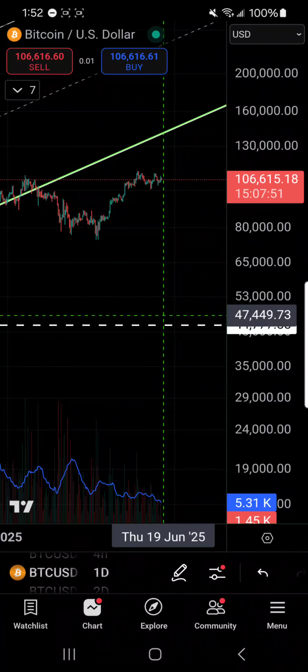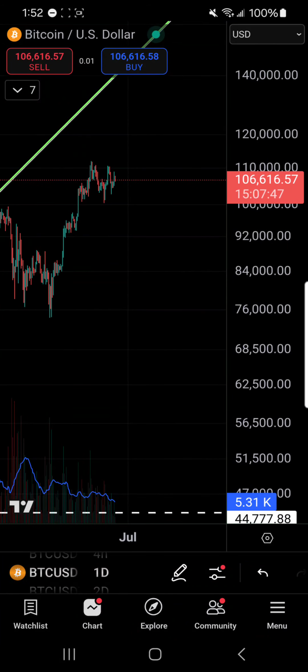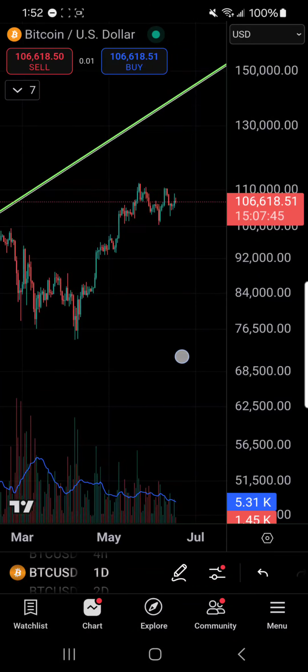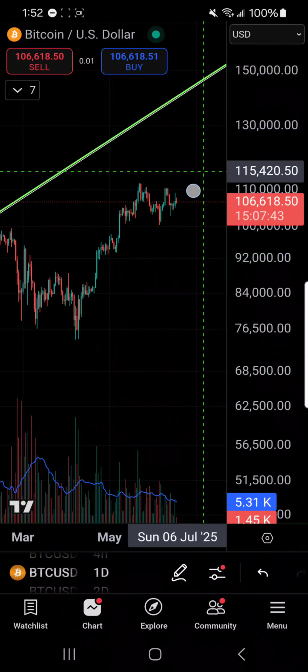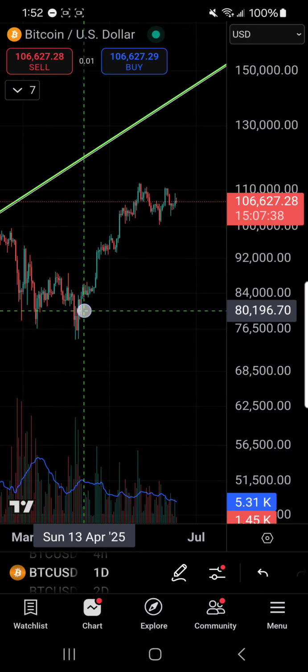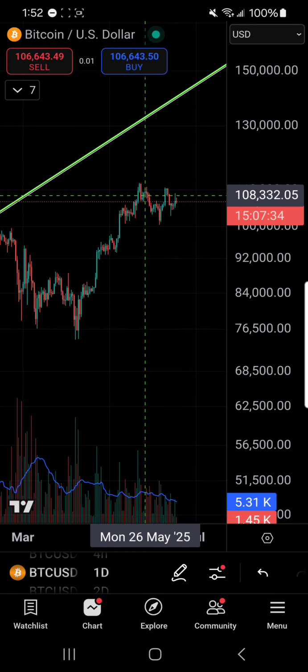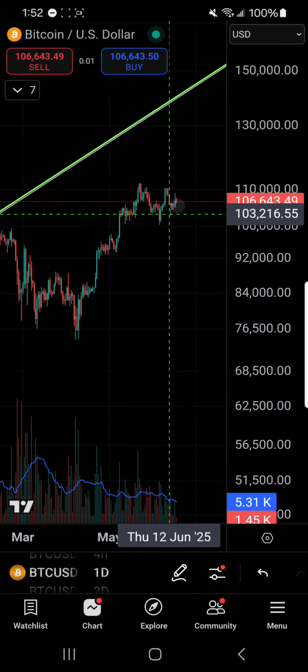Now, if you break down that wave 3 into its little sub-portions, here this is 1 within the wave 3. This is 2.